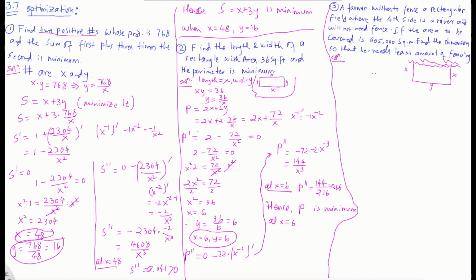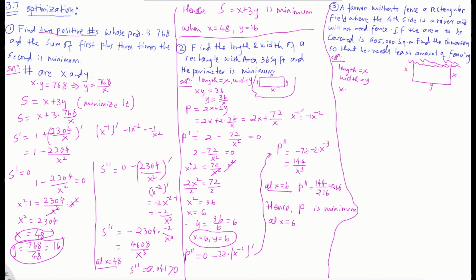Okay, so let's say the length is x and the width is y. Then what it says is the area to be covered is 405,000.